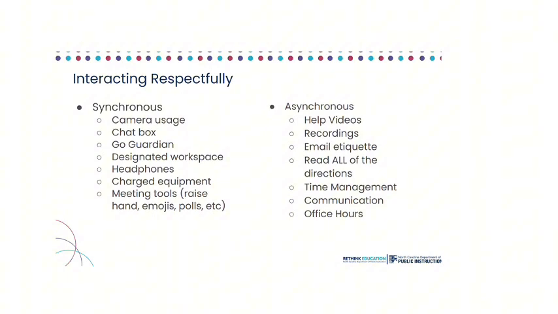It speaks to what our expectations are during synchronous time: that you have a camera that works, that you are respectful in your conversation, that you have a designated workspace, that you have headphones, that you are muted when you're not speaking, and that you are using tools that you would use in person, raising your hand or answering or participating.